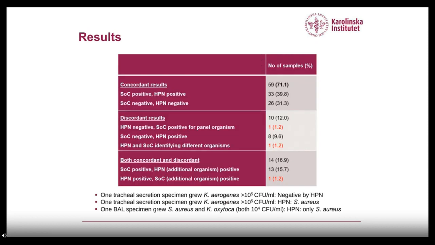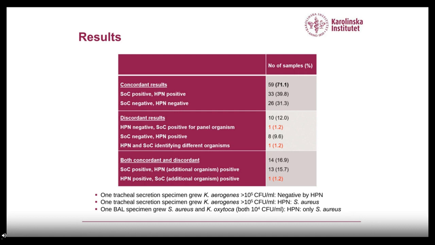If we look further into the results, we can here study the number of samples with concordant results and discordant results. So that could be either standard of care positive and the HPN positive, or standard of care negative and HPN negative.